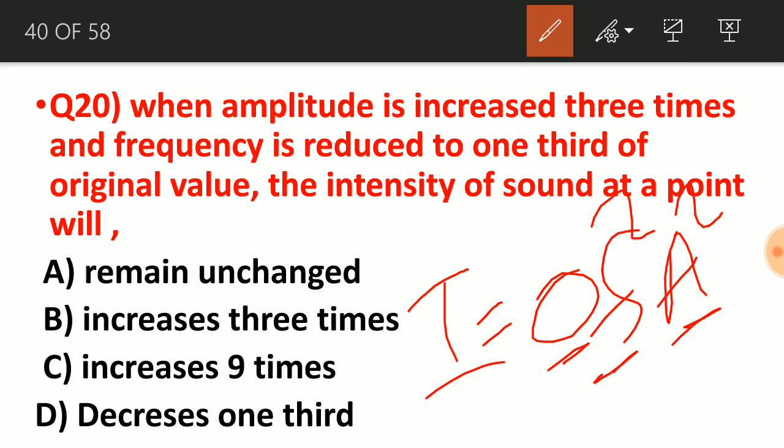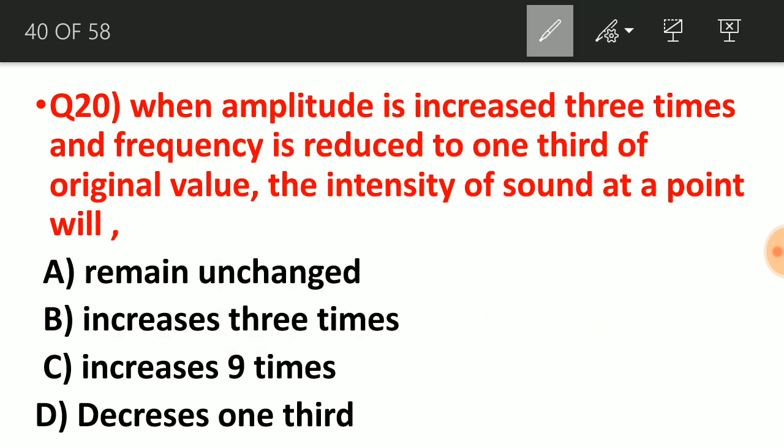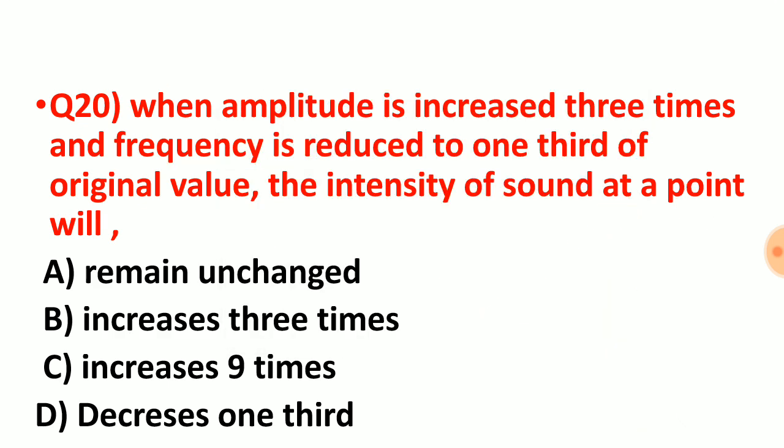Amplitude increases 3 times and frequency decreases to 1/3, so 1 by 9 into 9 gives the same value. Because of the same increase of amplitude and same decrease of frequency, the intensity of sound remains unchanged. So option choice A is the correct answer for question number 20.